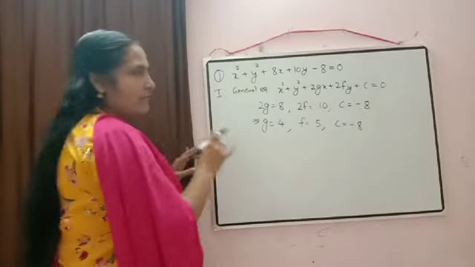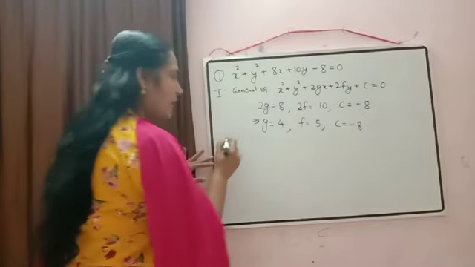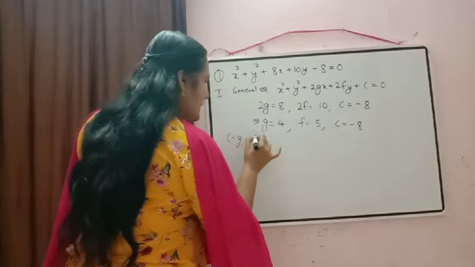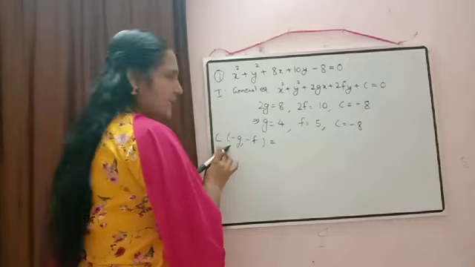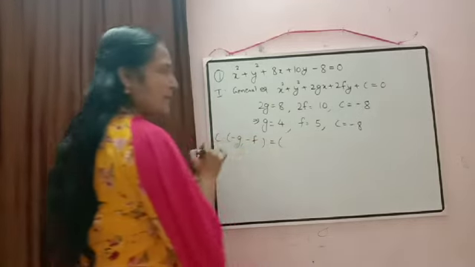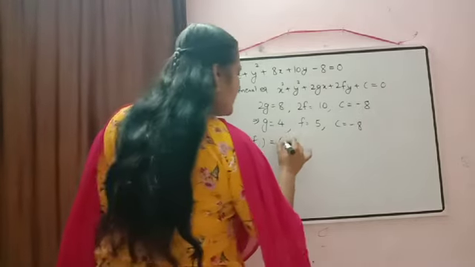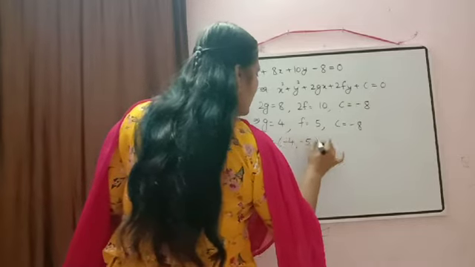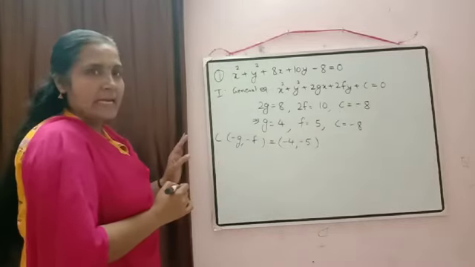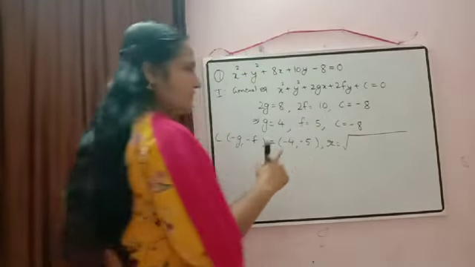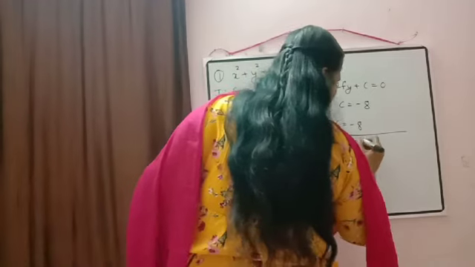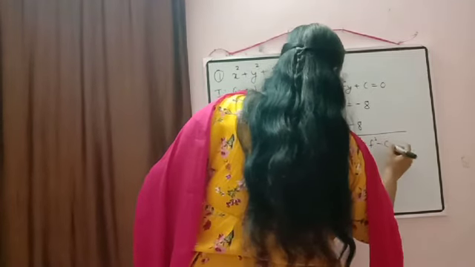When we use this formula, the coordinates of the center are minus g comma minus f. Here that will be minus 4 comma minus 5. So this is the center. Now to calculate the radius, we have the formula square root of g square plus f square minus c.